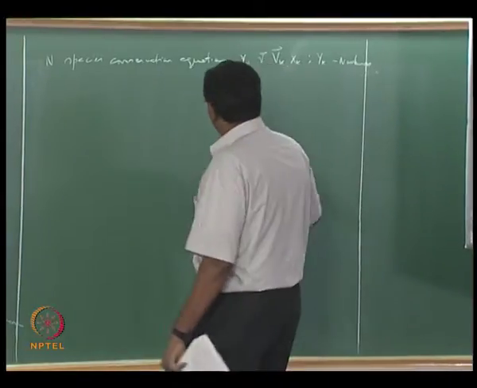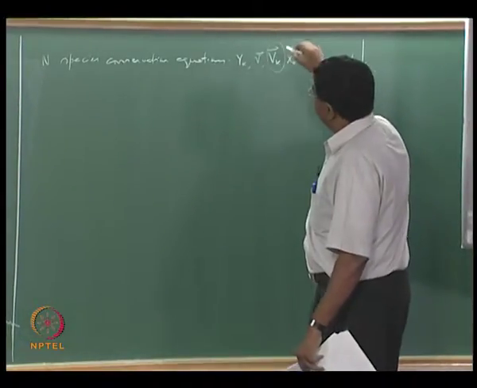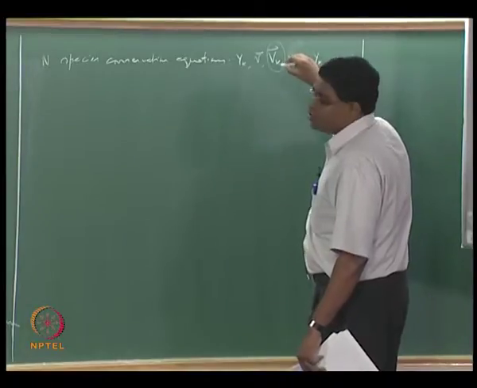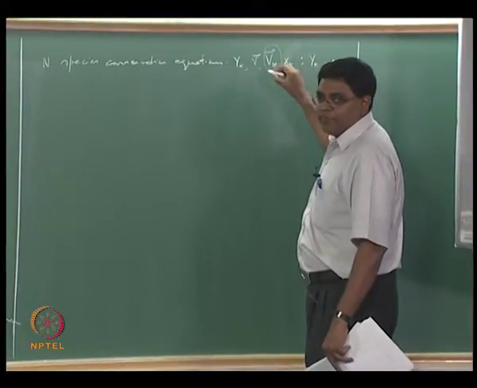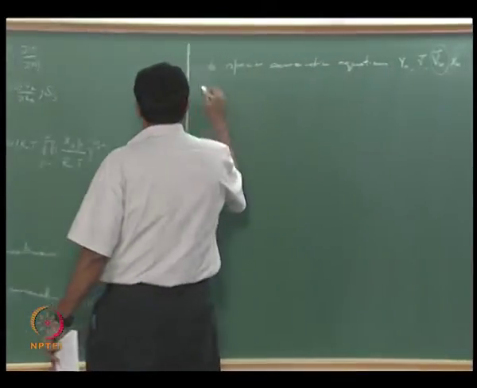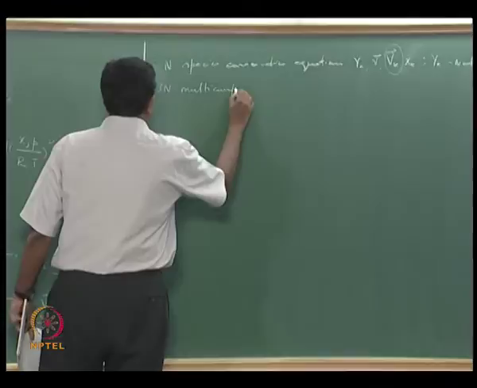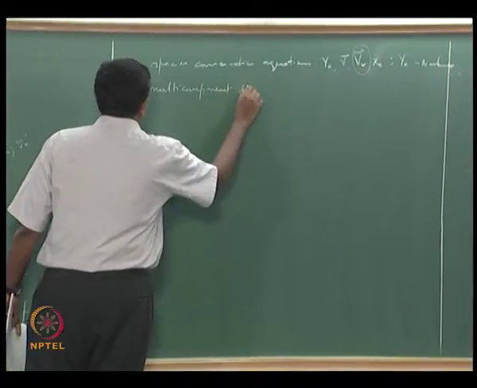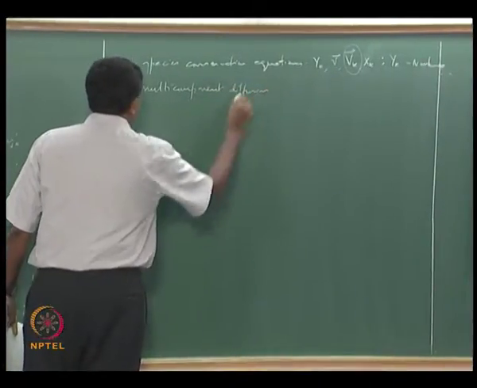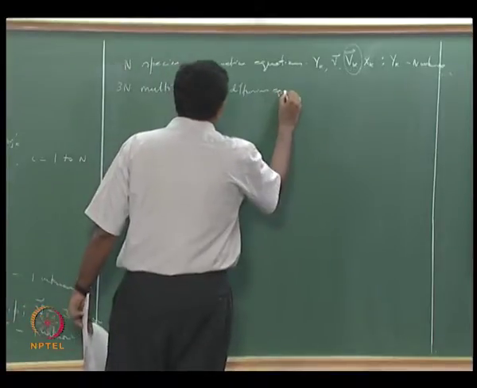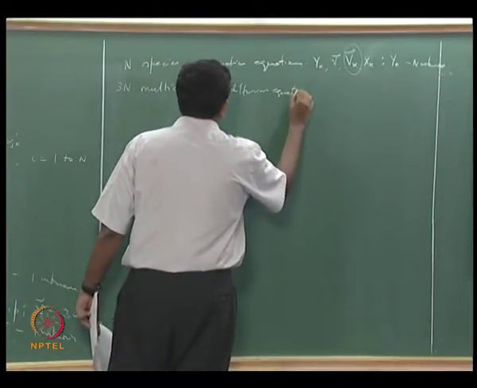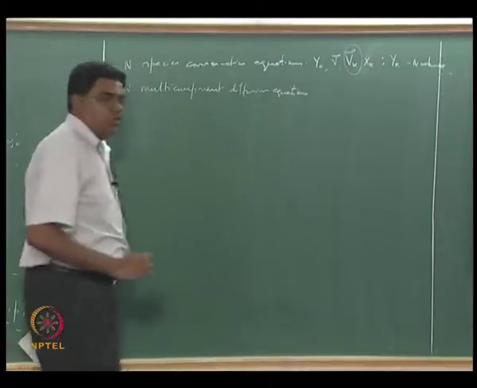Fortunately for us, when we are looking for an evolution equation for this vector, we can look for a vector equation. So 3n multi-component diffusion equations, in 3D of course.